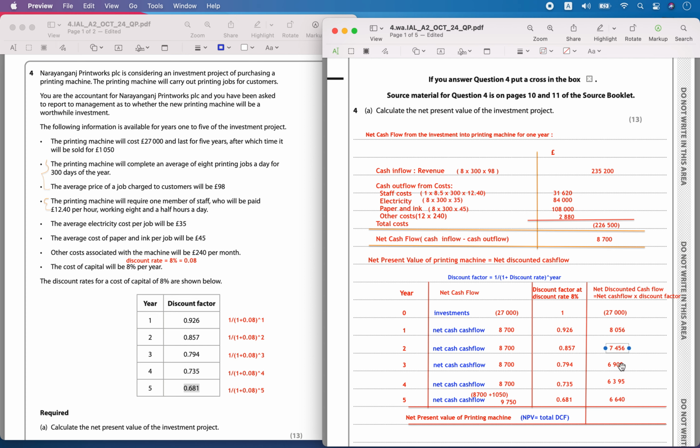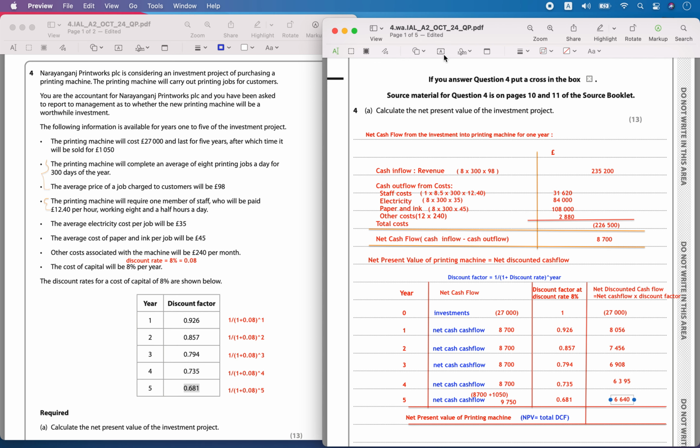Now let us add up all this and get the net present value. So negative 27,000, plus 8056, plus 7456, plus 6908, plus 6395, plus 6640.